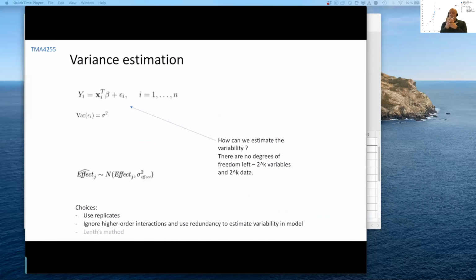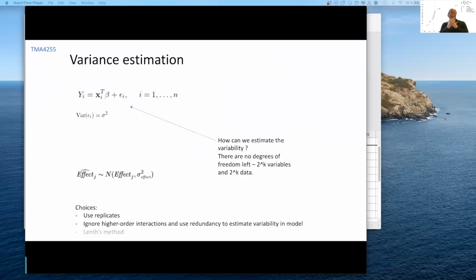This regression model that we have discussed is having a part where you have covariates and regression parameter, beta, and then you have a noise term, epsilon. And this noise term, epsilon, is assumed to have constant variance, sigma squared, and it's assumed to be independent and usually Gaussian distributed.